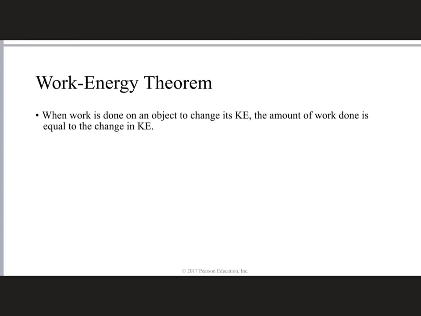So here's the full form of the work-energy theorem, and this is the part that you need to know. When the work done on an object changes the kinetic energy of the object, the amount of work done is equal to that change in kinetic energy. That means the work, which is the force times the distance, is equal to the change in kinetic energy: the final kinetic energy minus the initial kinetic energy.